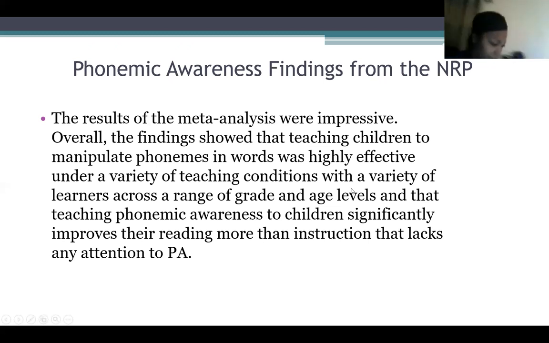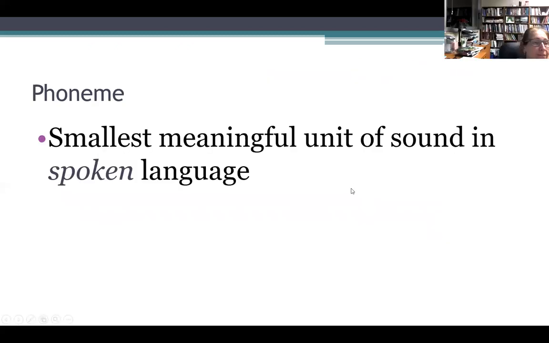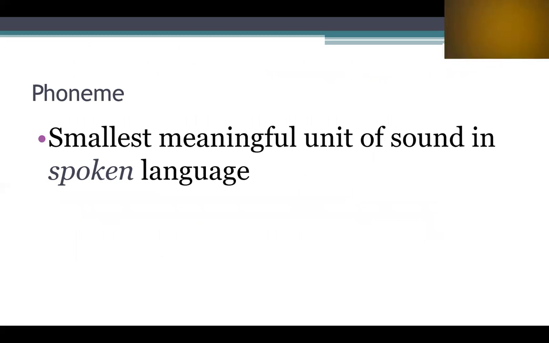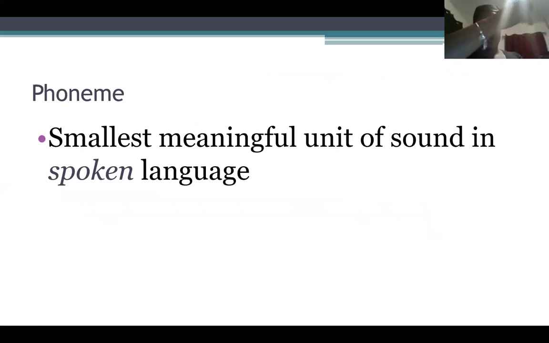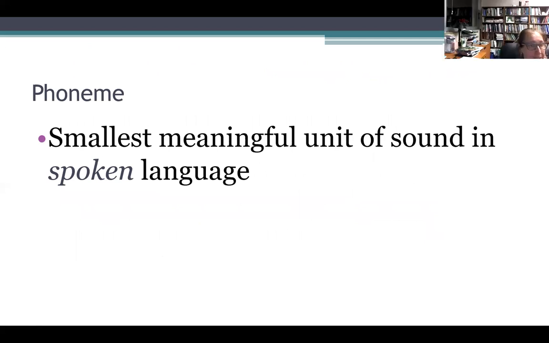I think I just about tell you everything. So what's a phoneme? The smallest meaningful unit of sound. Right. A sound is a phoneme if it is useful.